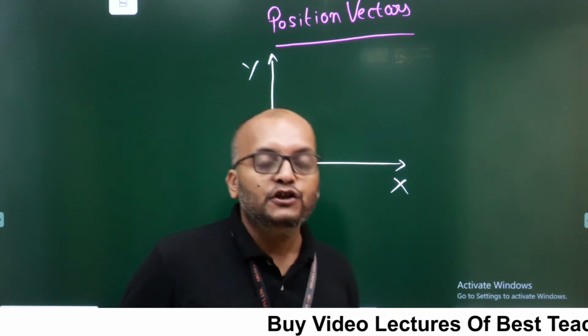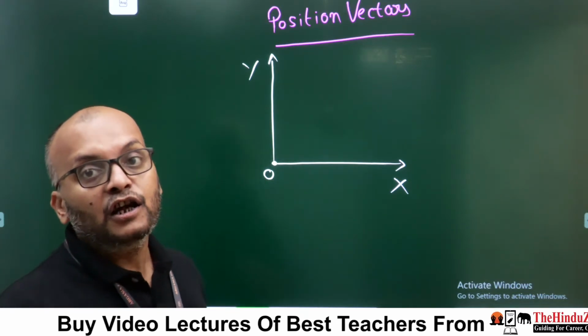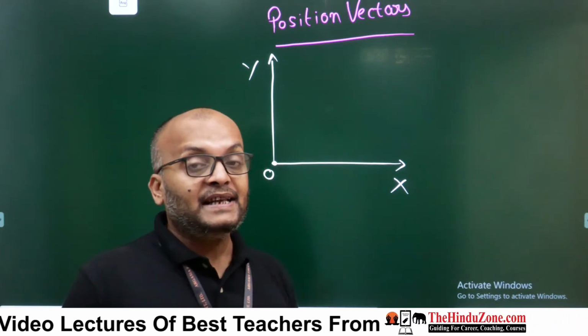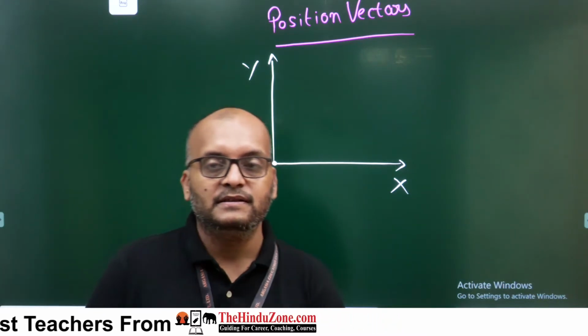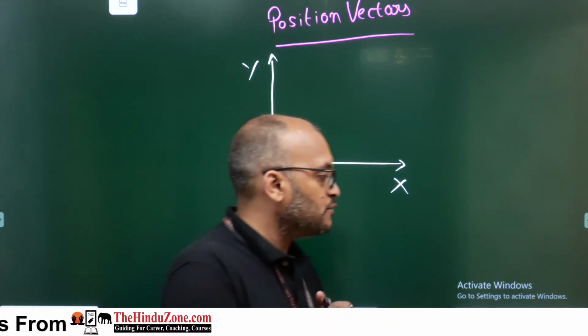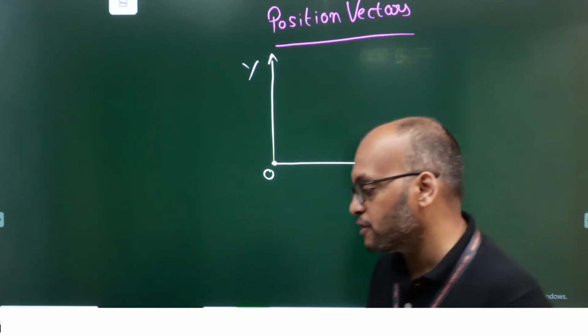So whenever you give coordinates of any vector with respect to origin, such vectors are said to be position vectors. Am I clear or not?